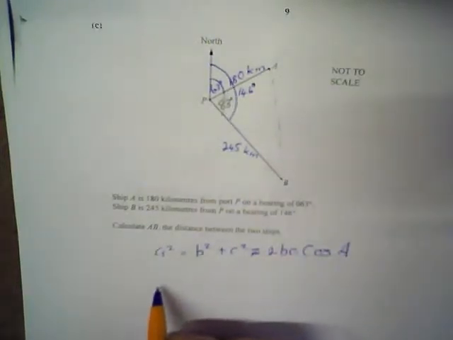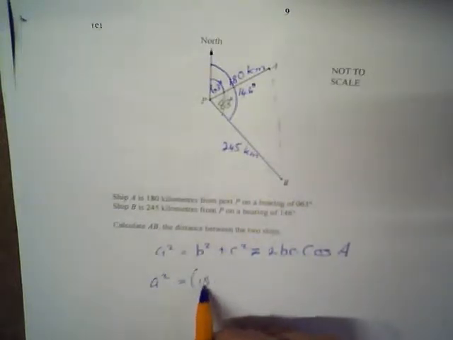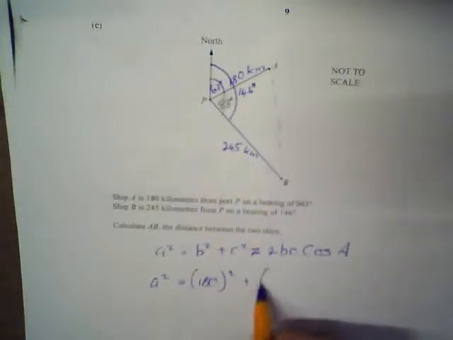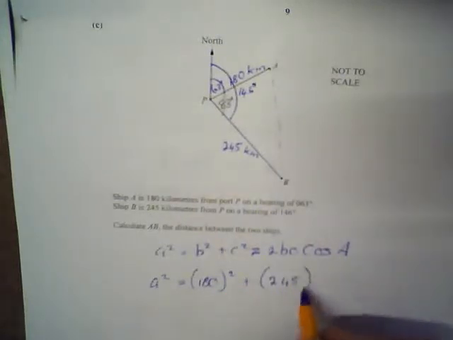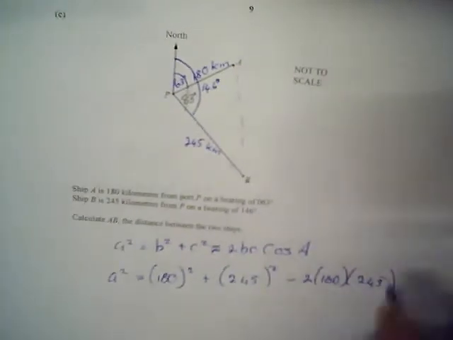So my cosine rule says a squared equals b squared plus c squared minus 2bc cos A. Okay, a squared is the distance that I want to find. b squared is 180 squared plus c squared, 245 squared, minus 2 times 180 times 245 times cos of 83 degrees.